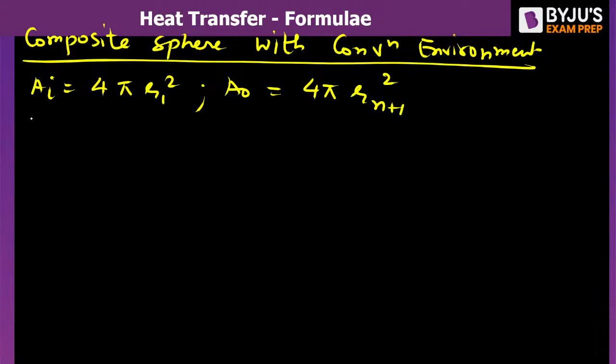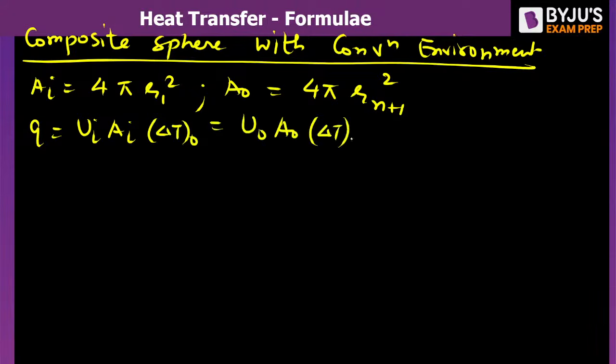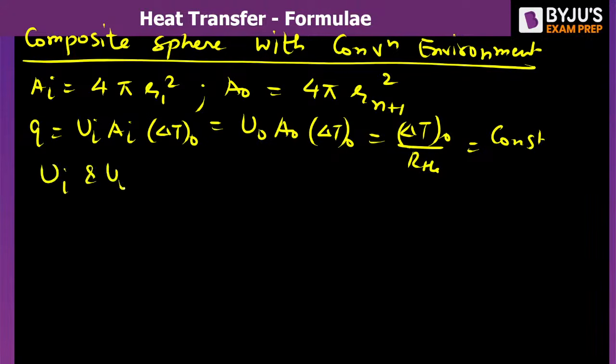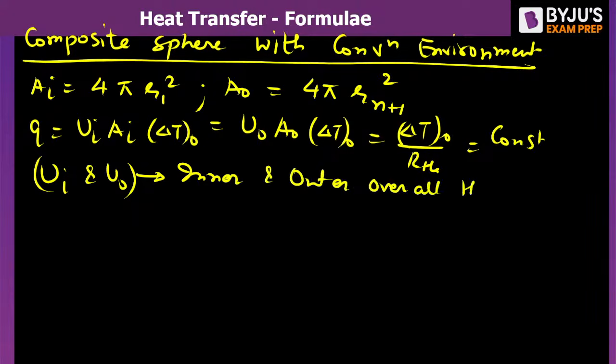And we can say q is equal to Ui into Ai into delta T overall is equal to U naught into A naught into delta T overall, which is equal to overall thermal potential upon thermal resistance, which remains constant. So Ui and U naught are inner and outer overall heat transfer coefficients. We define the overall heat transfer coefficient; the unit will be watt per meter squared Kelvin.